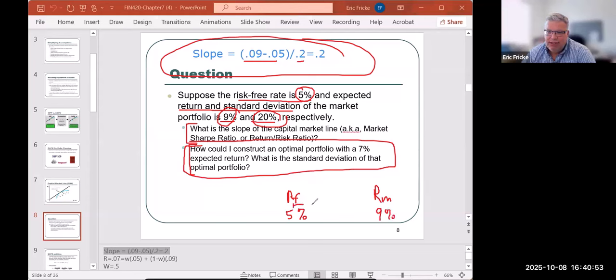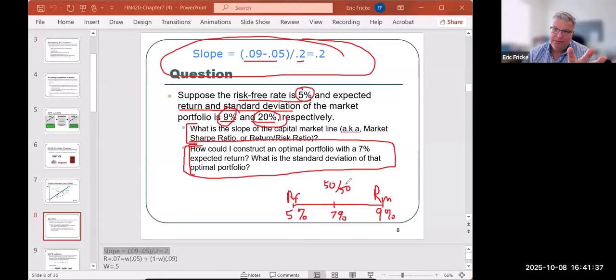What you want is to combine those two in such a way that the portfolio has a 7% return. You see how we can kind of eyeball that? Because 7% is exactly halfway between 5 and 9. And basically what that means is we put 50% of our money in the risk-free asset and 50% of our money in the market. And that'll give us a portfolio with an expected return of 7%. So that's going to be our 50-50 portfolio.